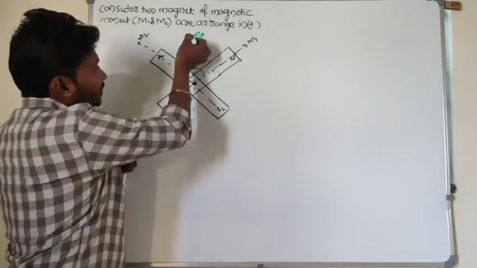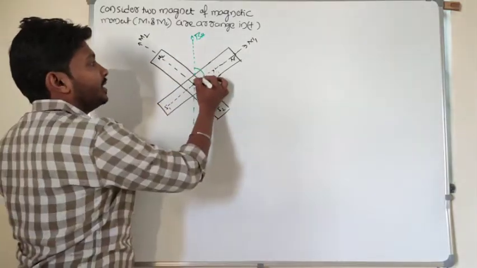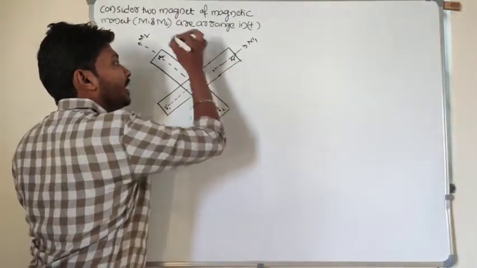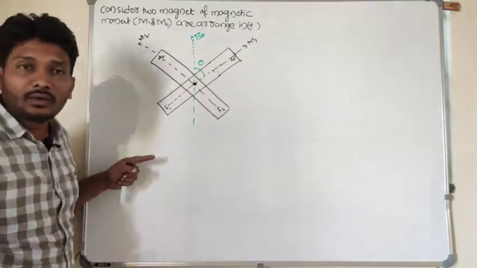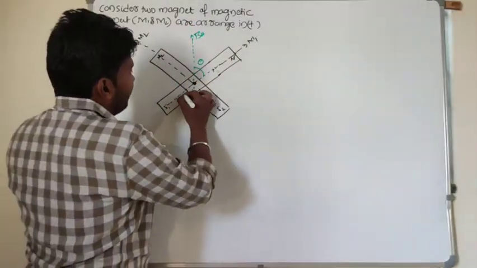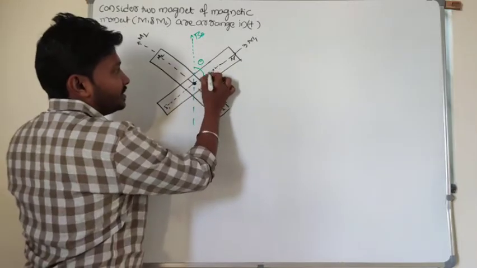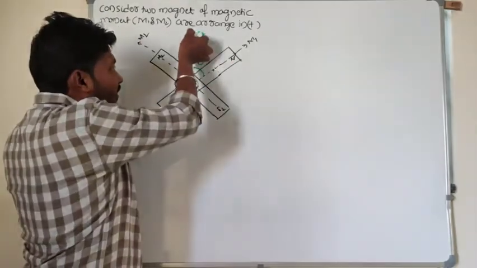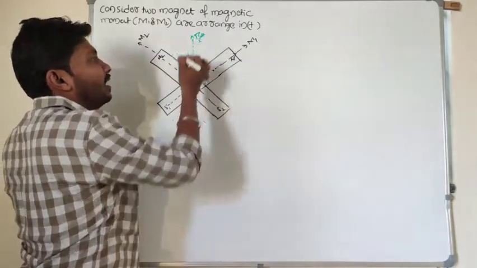The angle between the horizontal component of earth magnetic field and this magnetic meridian, I will take it as theta here. The dotted line represents the magnetic meridian, and this green line represents the earth magnetic field.